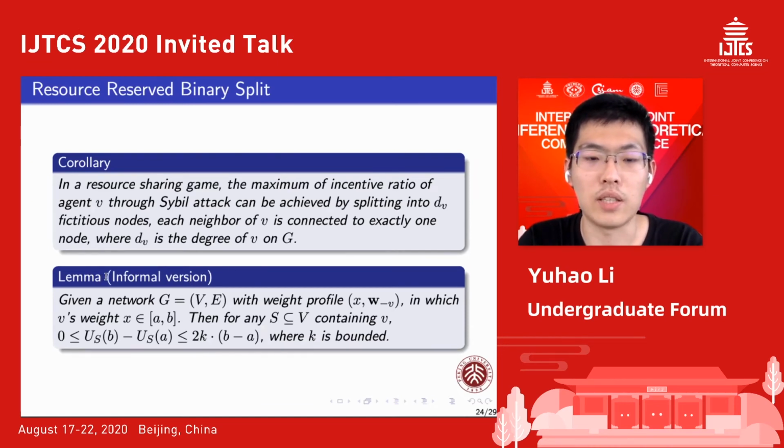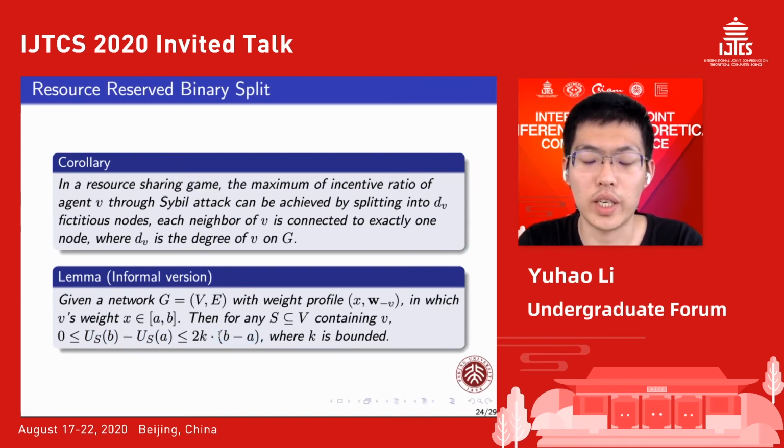And the next lemma is very powerful. Informally, it says if we just adjust the weight of one vertex, then for any set S containing V, the difference of utility of S is upper bounded by the difference of the weight changes.